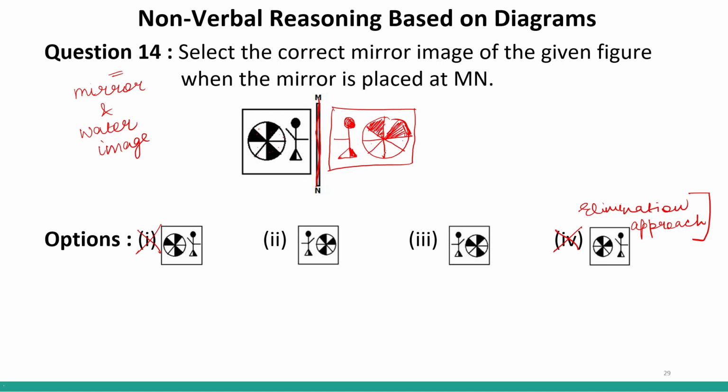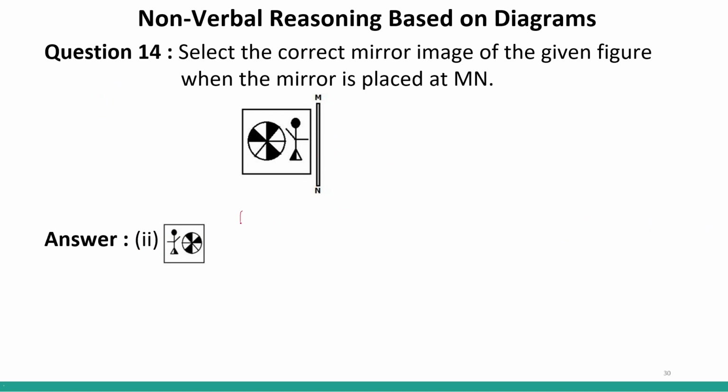So this is shaded, this is shaded, something like this. So this is given in which option? This is given in option number 2. The shading is correct, so option number 2 will be your correct answer. Okay, here you can see the solution, option number 2.